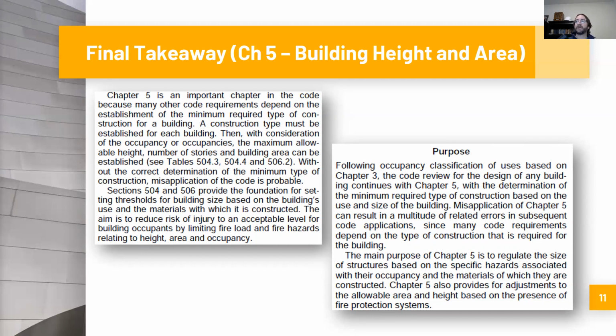The main purpose of Chapter 5 is to regulate the size of structures based on the specific hazards associated with their occupancy and the materials of which they are constructed. Chapter 5 also provides for adjustments to the allowable area and height based on the presence of fire protection systems.